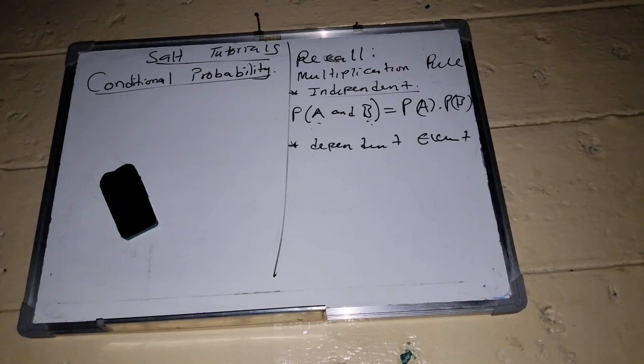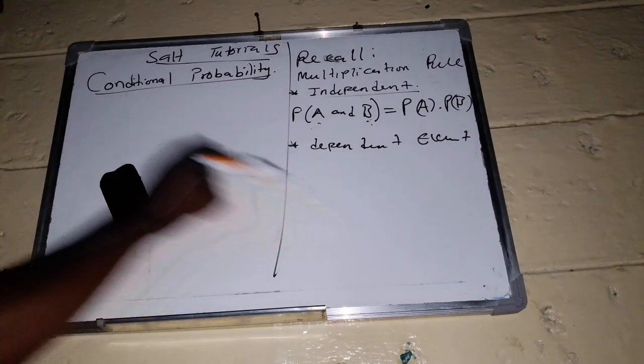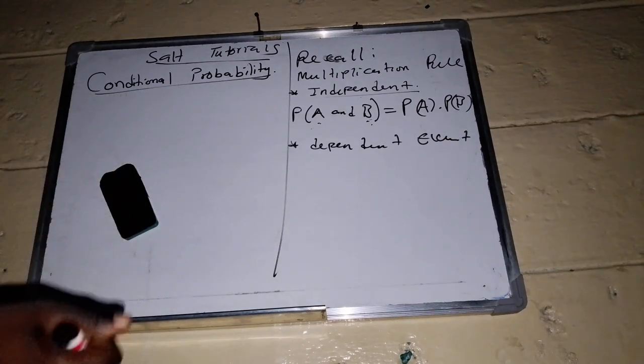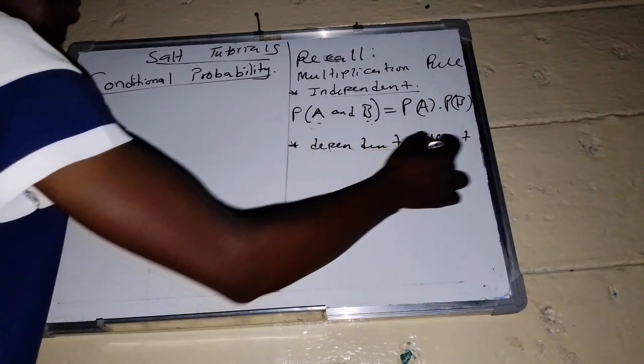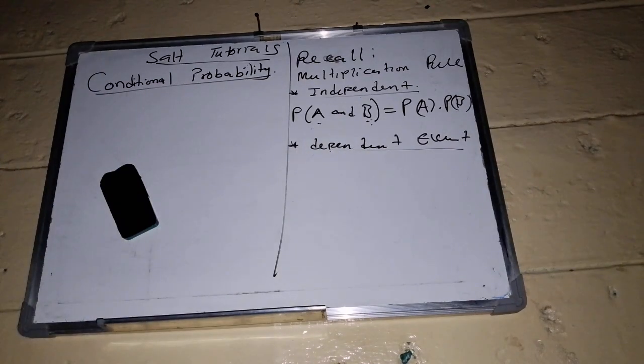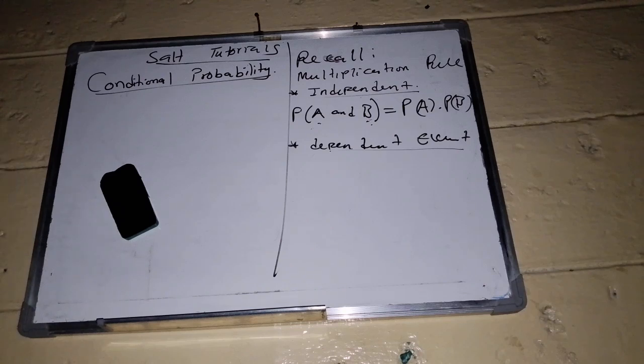Under the multiplication rule, we talked about drawing the first red card without replacement. Then these two events are considered dependent events. So collecting a red card in the first collection, the probability cannot be the same as collecting a red card in the second collection, because that card was not replaced.